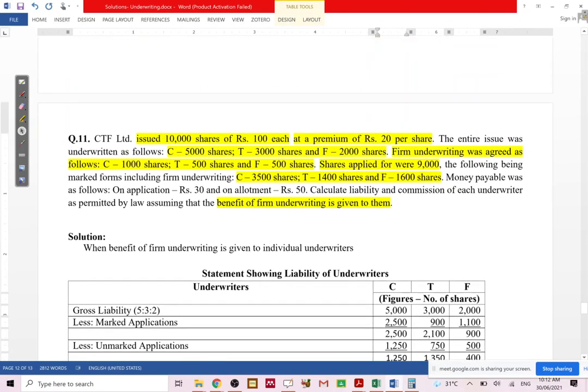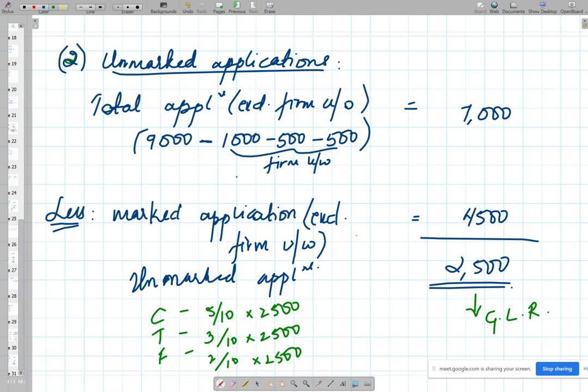How do we know that? The company issued 10,000 shares. How many applications did it receive? Total applications received from the public is 7,000, excluding firm underwriting. Don't take firm underwriting. So excluding firm underwriting was 7,000, which means 10,000 minus applications received 7,000.